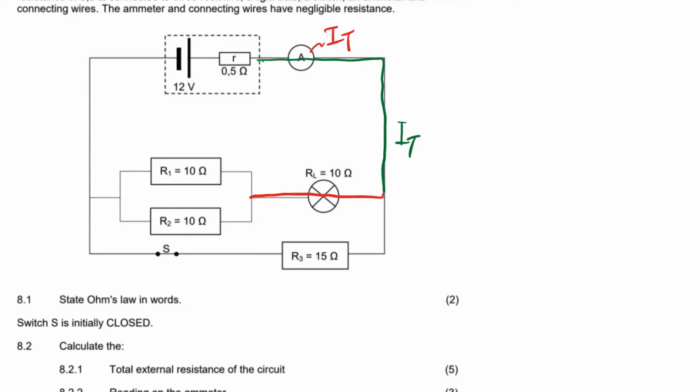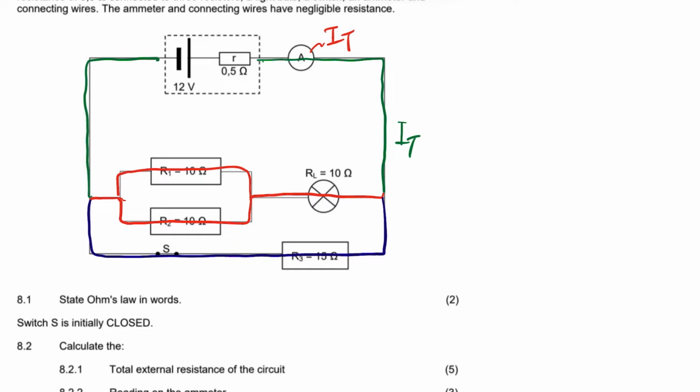There's a current that goes that way, and there's another split that goes that way. There's a split there as well, and then it combines and becomes the total current again.